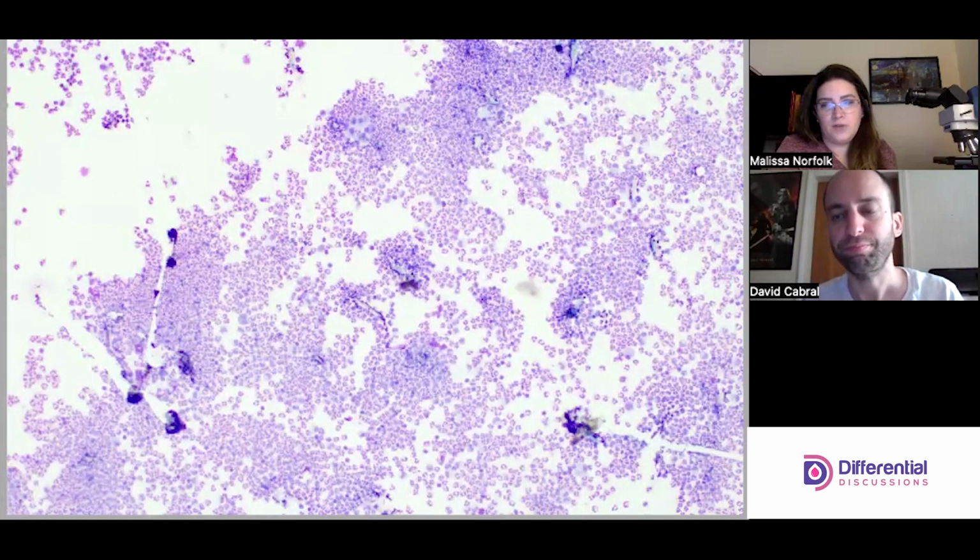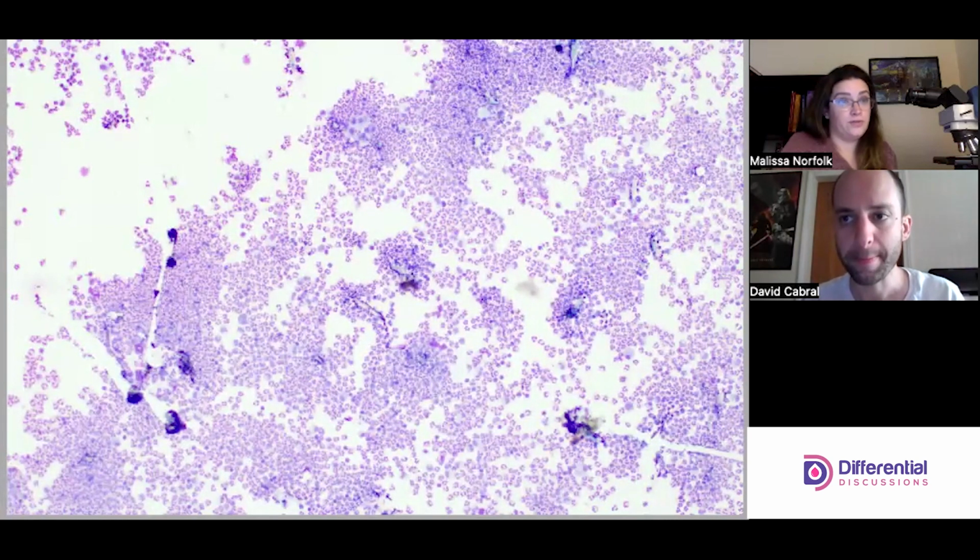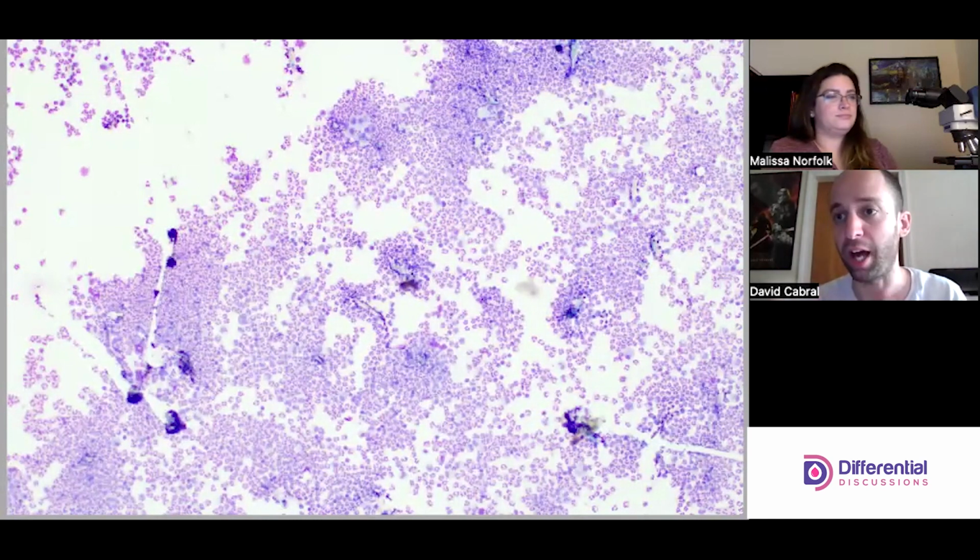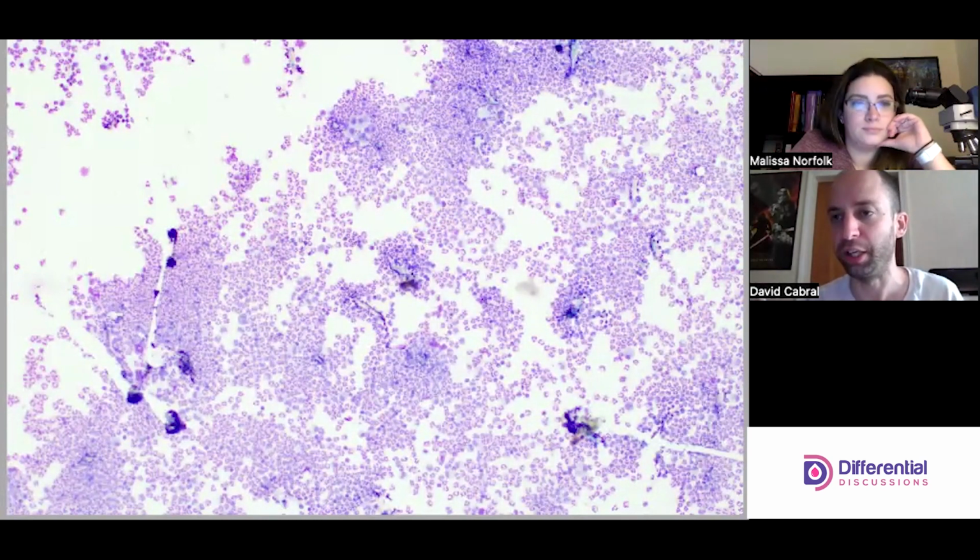So first, we're starting off with a synovial fluid. Synovial fluids can come from a lot of different areas. I think most of the fluids that we analyze are usually knee fluids, the most common joint that we'd want to look at.